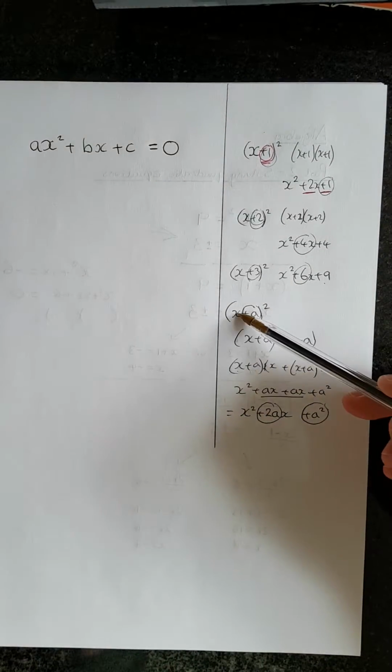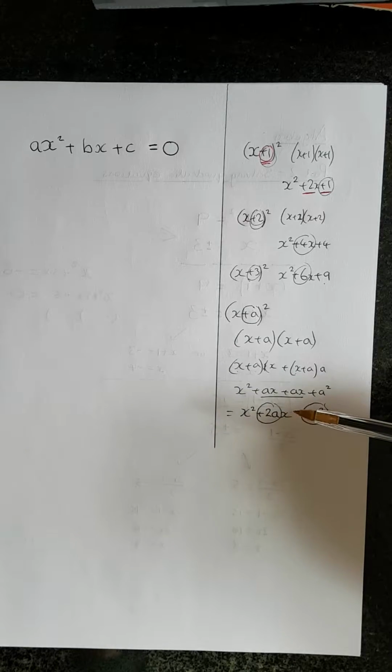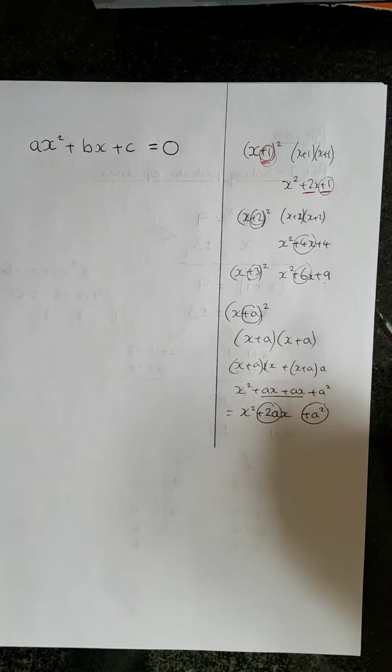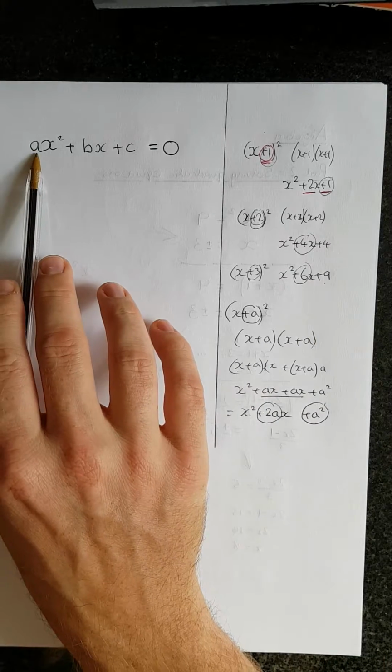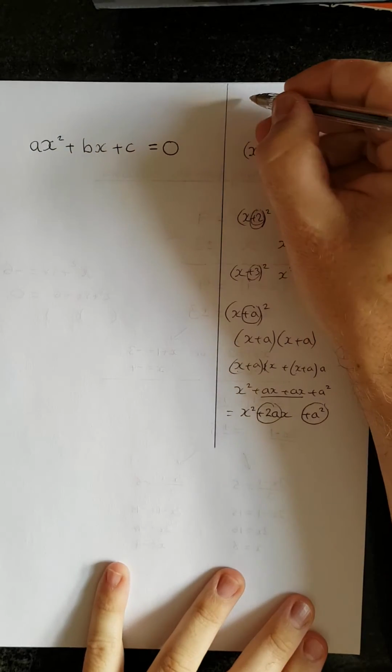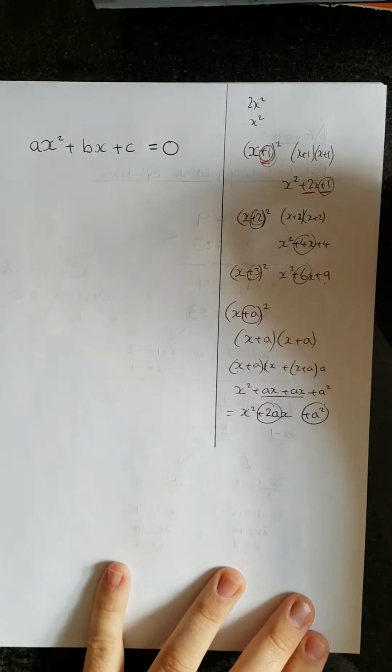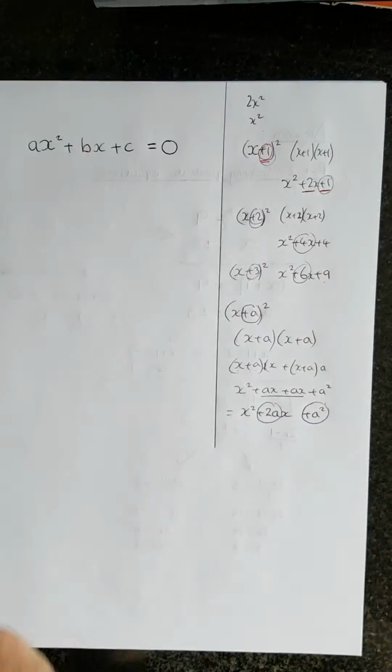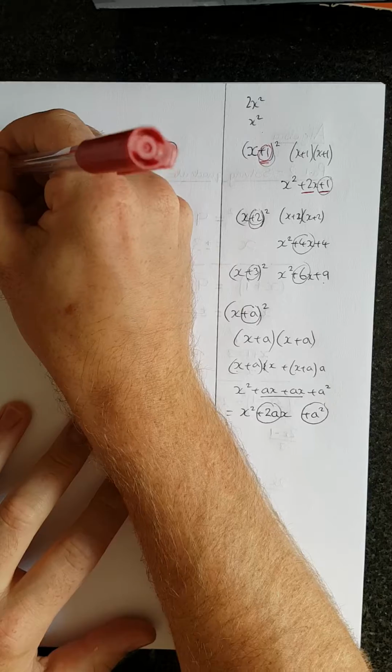Now, this has worked if we only start with x squared. So let's try and use that. Well, I'm going to try and get rid of this a then. How can I get rid of that a? Well, if I don't want 2 lots of x squared, I would divide by 2 to get x squared. So if I don't want a lots of x squared, I'm going to divide by a.